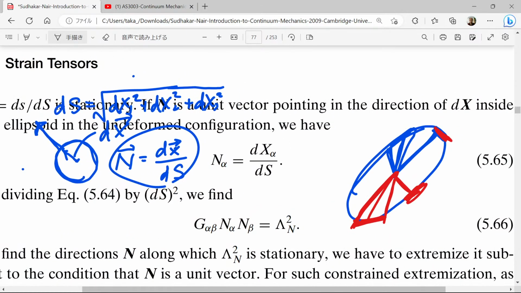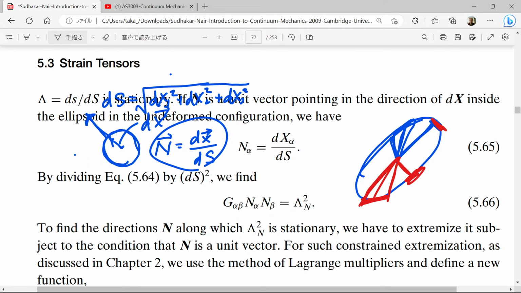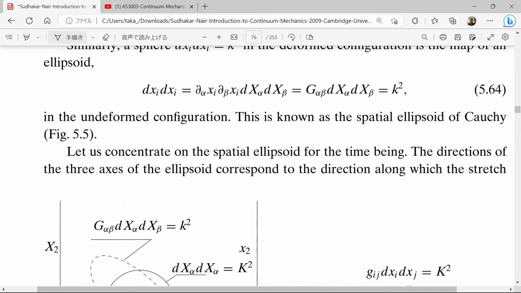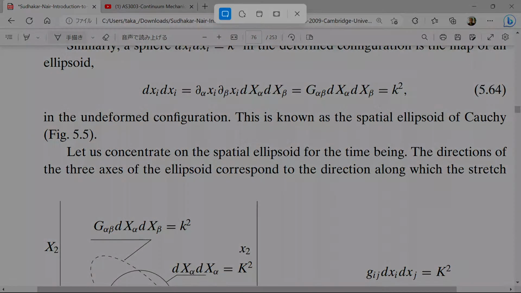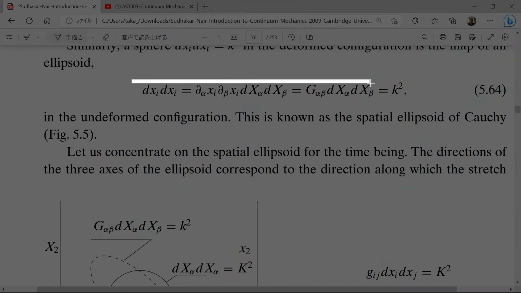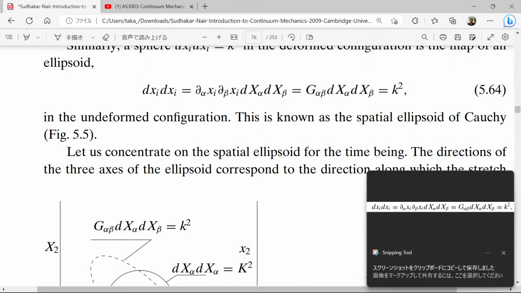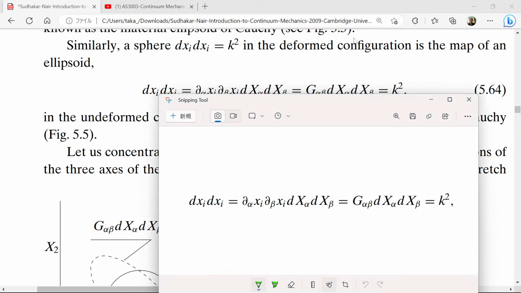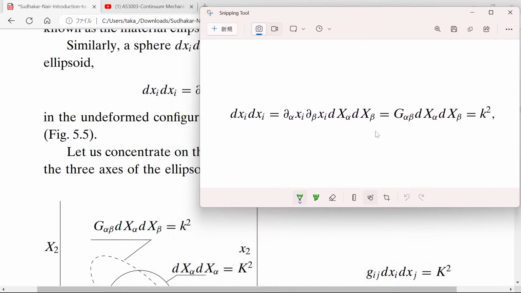I think it is simple. By dividing equation 5.64 by ds squared, what is it? Let's see. I need 5.64. Okay, so this is 5.64.